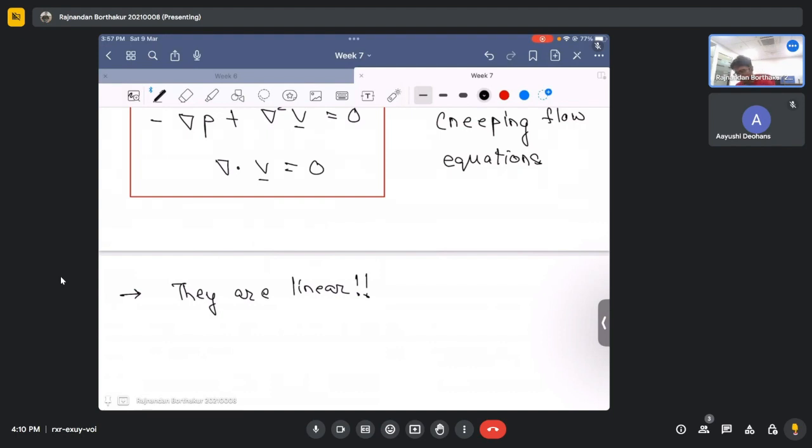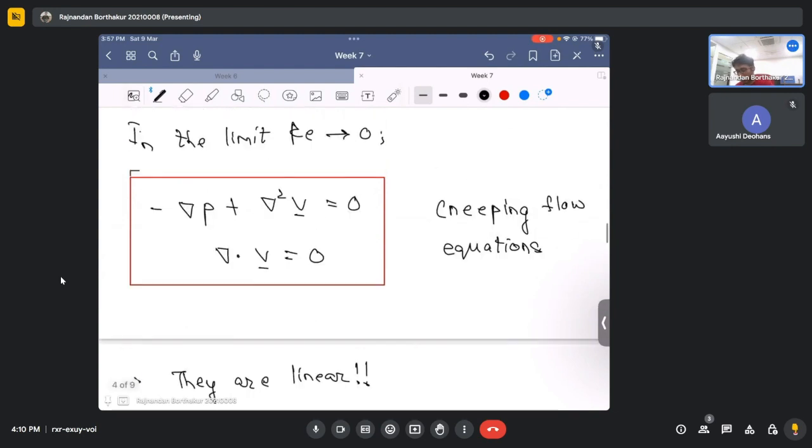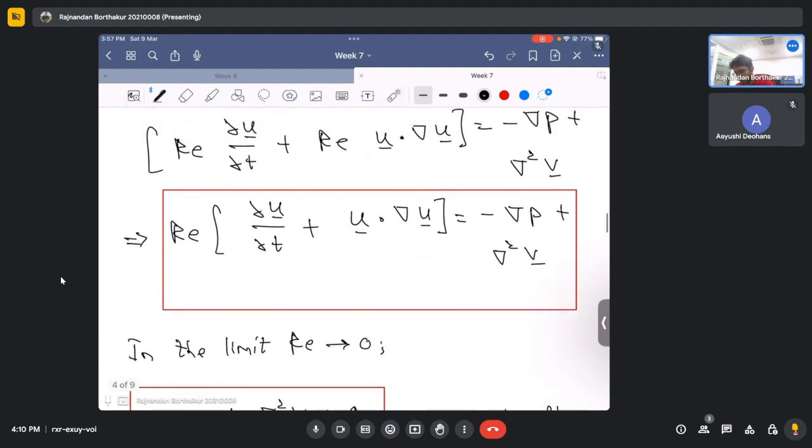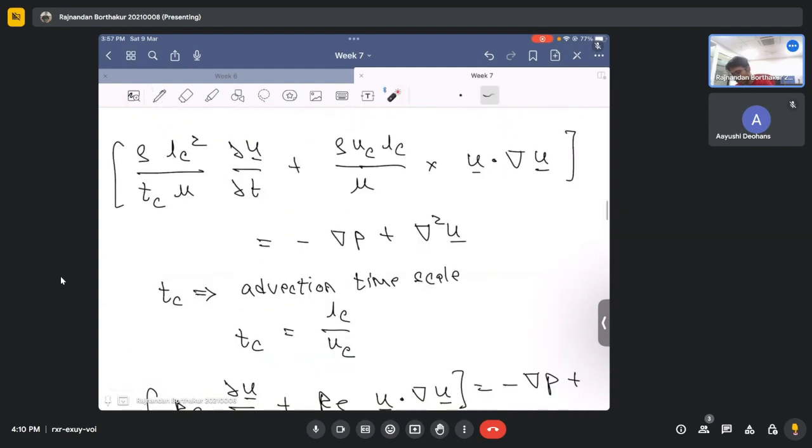We will see those consequences, but till then, if you have any doubts you can ask me. I would also show you one more thing: what if we don't choose this TC as the advection time scale? Here we have chosen it as the advection time scale.